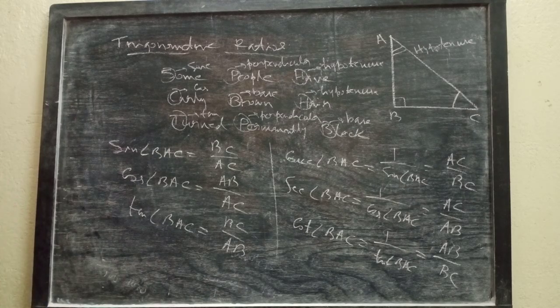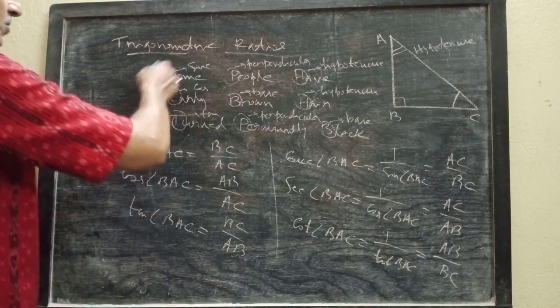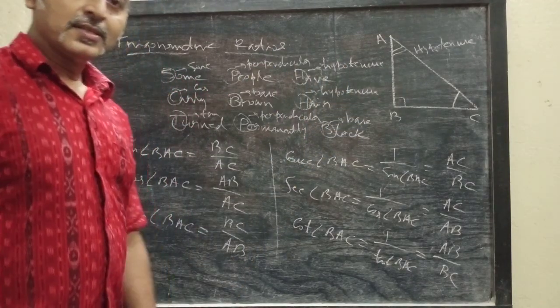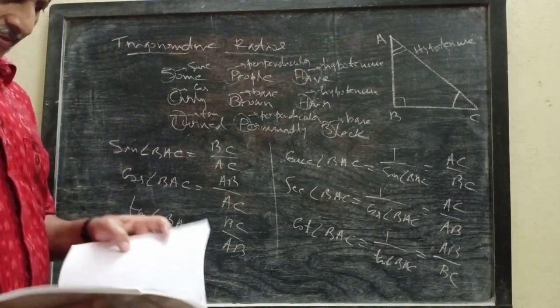So we have learned all the 6 trigonometric ratios, and to remember these definitions we have to remember these 3 lines: Some People Have, Curly Brown Hair, Turn Permanently Black. Okay.